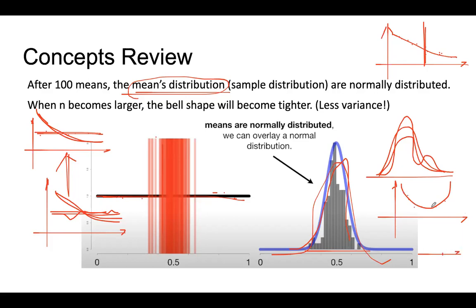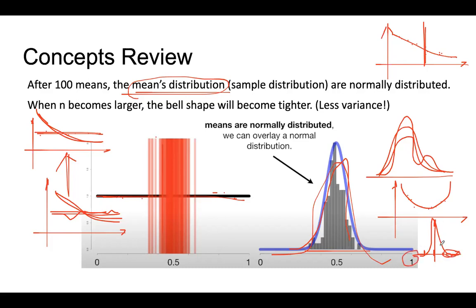You sample a second time, you get another mean like here. The third time you get a mean like here. So when you have so many means and you plot a histogram, you will find that the mean here is the most common case, and less often you get means in this region or this region.